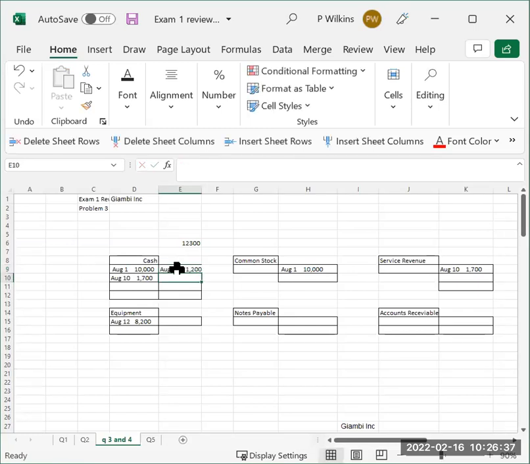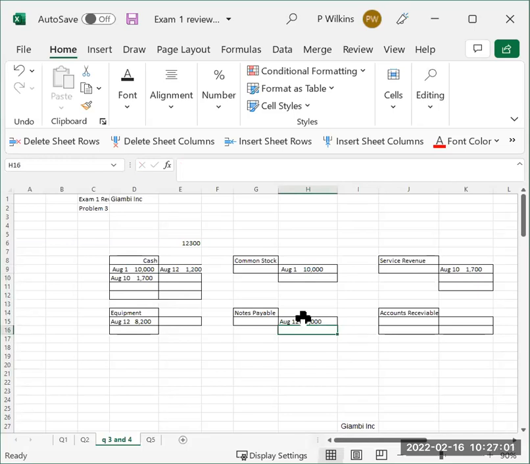That means we paid $1,200 cash towards our equipment. And then we have a credit to notes payable for $7,000. That means that we did part of our payment in note and part of it in cash. So we are going to credit notes payable $7,000.